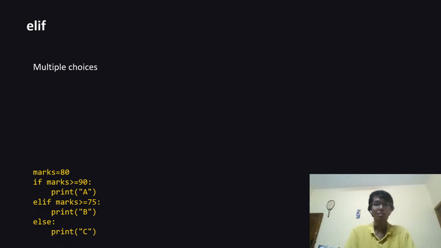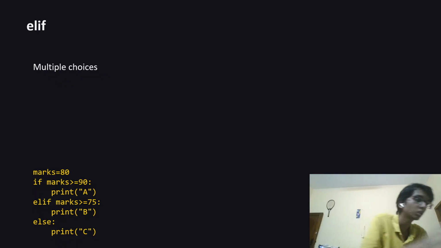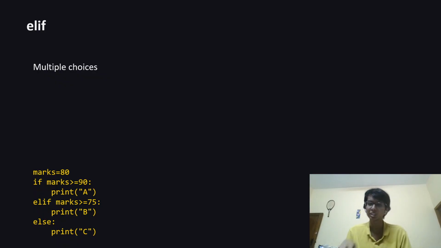If you just need pass and you don't need to show that the person failed, which is not a complete program, you can only use if. But when you want to grade a person with the different grades achieved on the scale of A, B, C, you need multiple elifs: if, elif, else.